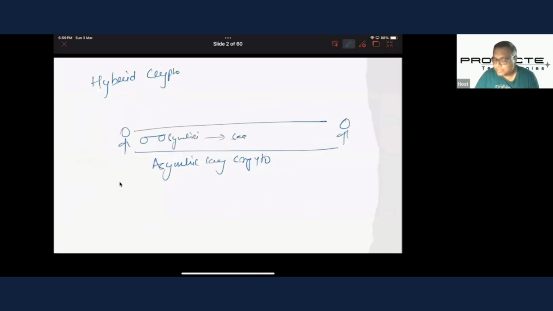This is called a session key. And I use the symmetric key for the session. Once the session drops, I have to again use asymmetric key cryptography to establish a session. Whenever you are using a VPN or HTTPS, this is what is happening on the web.